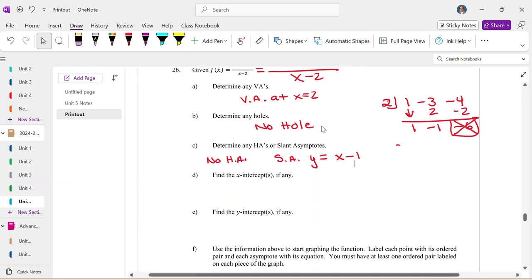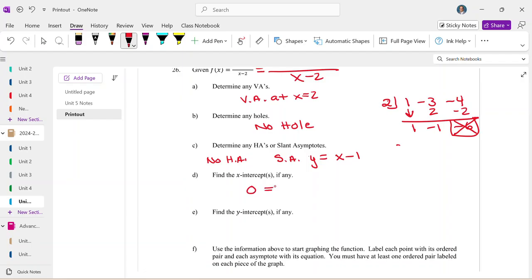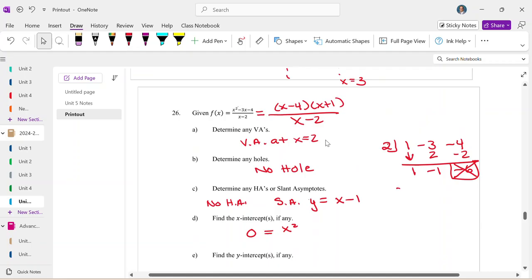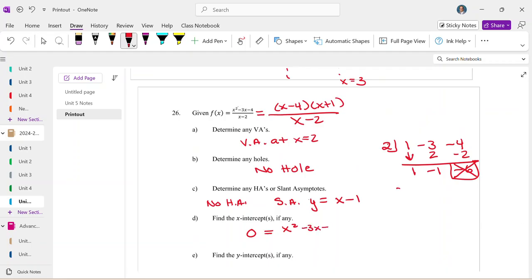Finding the x-intercepts means setting it equal to 0. So set the numerator equal to 0. Notice the factors of this are x minus 4 and x plus 1.